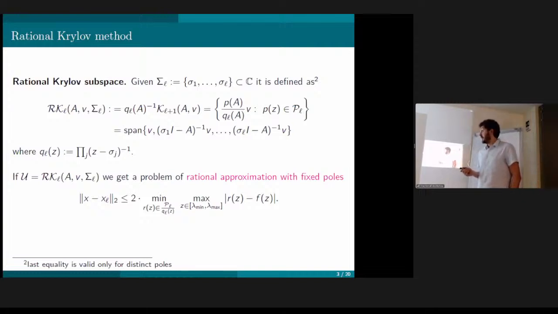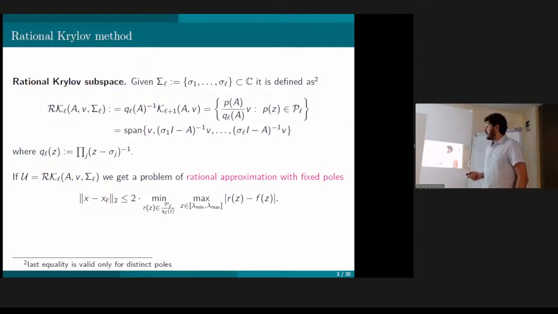And in particular, you have to choose a set of parameters that will represent the poles of your rational approximation. So in the end, once you have made this choice, you end up with the bound for the error that is given with respect to the best rational approximation of your function, where the poles of the rational approximant are exactly these parameters here.